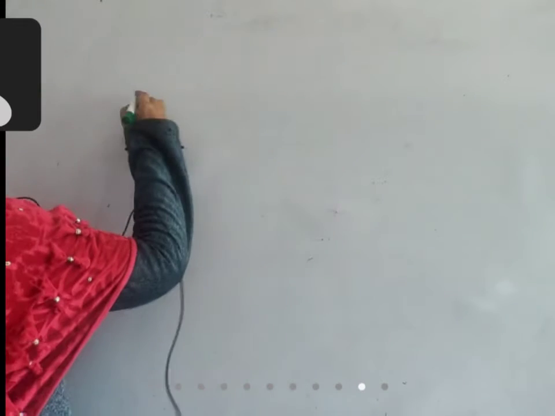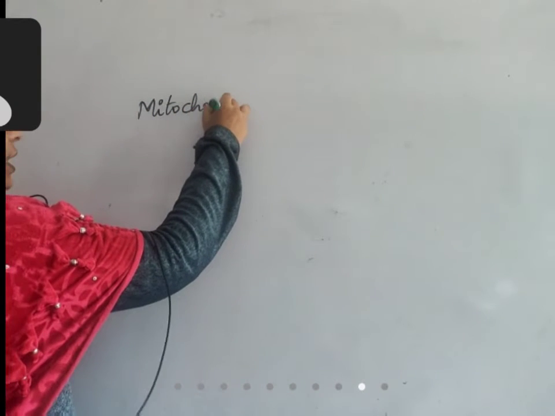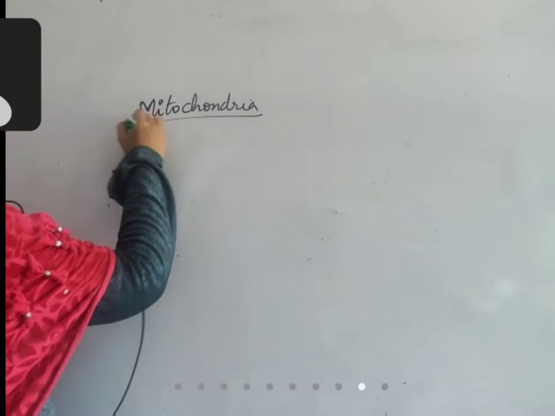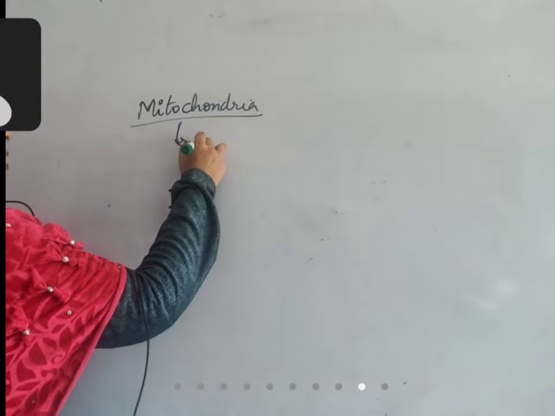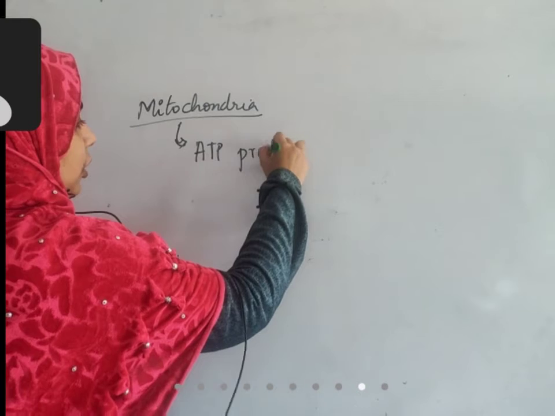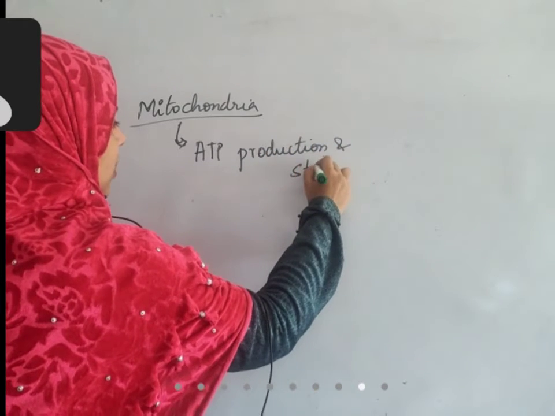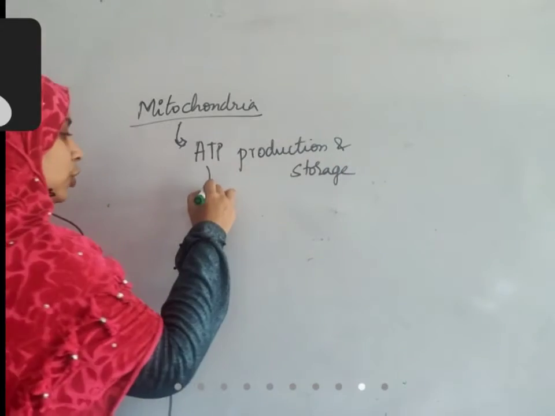Mitochondria. Mitochondria is a very important organelle because it is useful in ATP production and storage. You might know what an ATP molecule is.